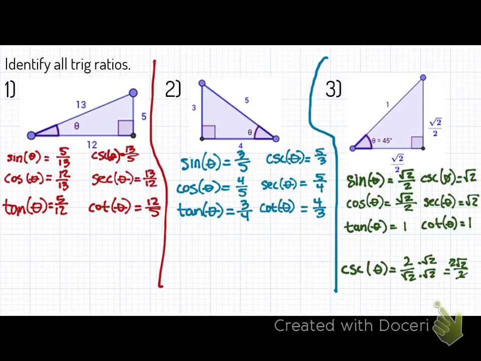Then you would have to rationalize the denominator, and when you do that, you get rad 2. Secant of theta is the same, rad 2, and then cotangent is the same. It's still 1 because you still have the same thing divided by itself. Okay? So tangent of 45 is always equal to 1. It's a nice number.